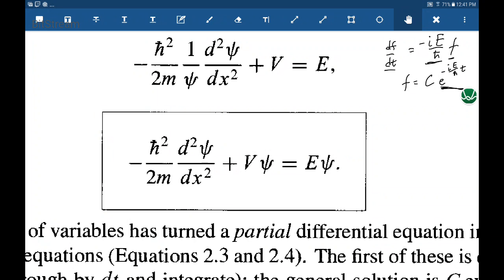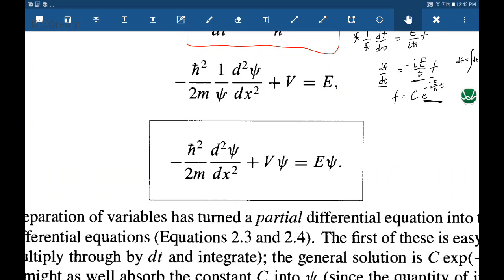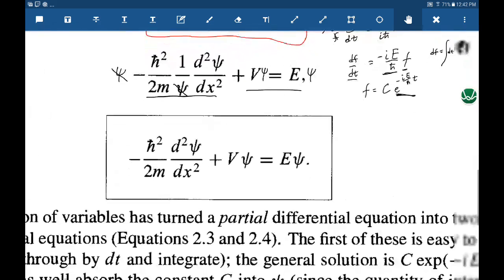Okay, now we do the same thing for our right-hand side of the equation, where we had this expression which was with respect to x, and then all you did here was multiply everything by psi, just to get it out of that denominator, and it's more pleasing that way.